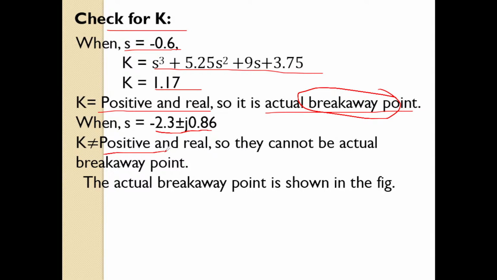Therefore this is our breakaway point. Now let us locate that 0.6 on the graph. You people draw the graph along with me so that it will be easy for you.